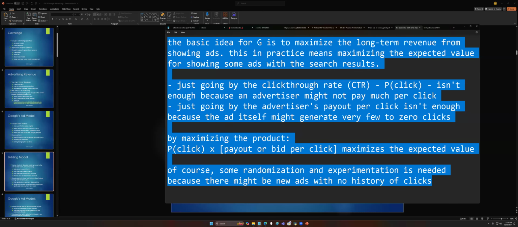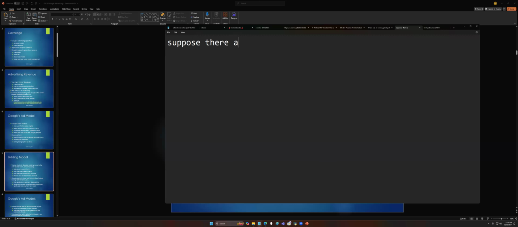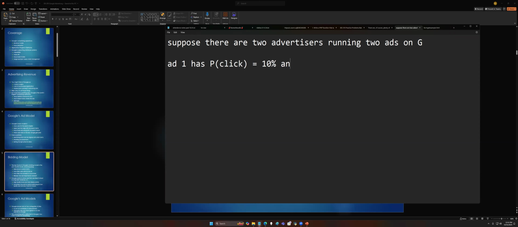Suppose there are two advertisers running two ads on Google. Ad one has a click probability of, let's say, 10% and pays $10 per click.